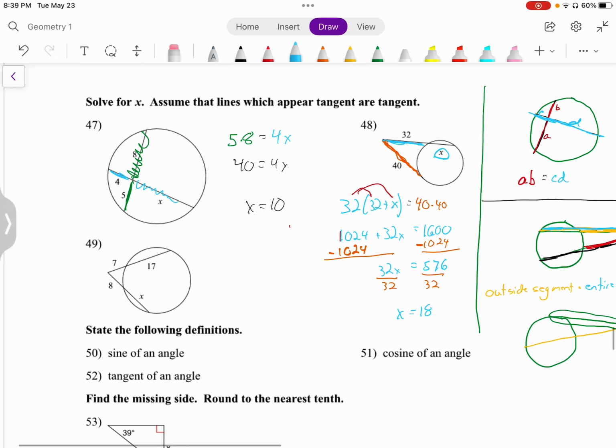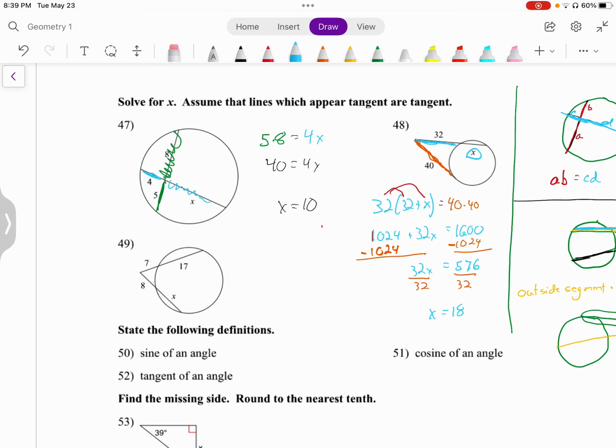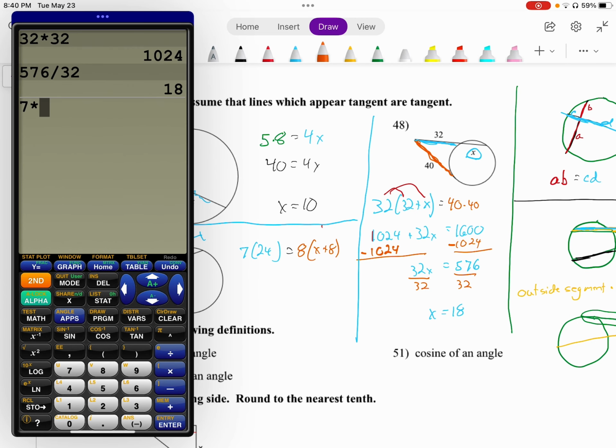And then the final one from this section, similar to the last, we have outside part. So 7 times the entire segment. I'm going to section this off here. The entire segment is 7 plus 17, so 24, is equal to the outside segment, 8 times the entire segment, x plus 8. And we're just going to solve 7 times 24.